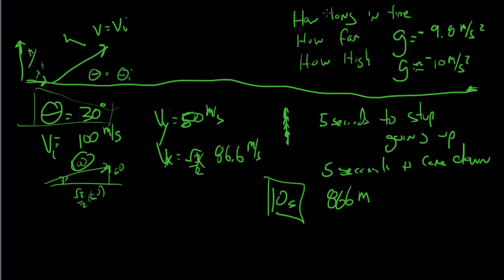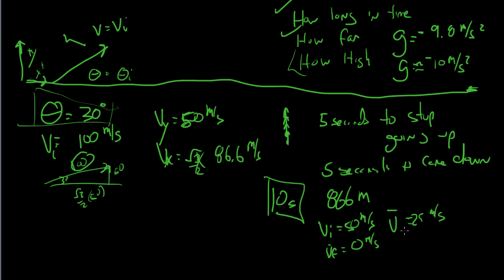And then finally, so we have how long in time, how far, and how high is the tougher problem. But in this how high, you then get to something called averaging, and so you know that the initial equals 50 meters per second, the final equals 0 meters per second, the average is 25 meters per second. It went up for 5 seconds.